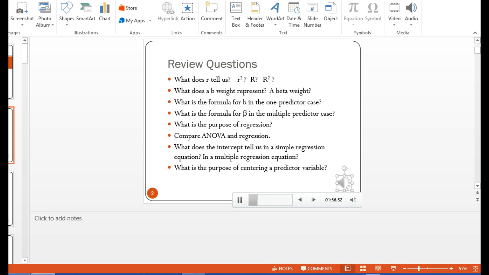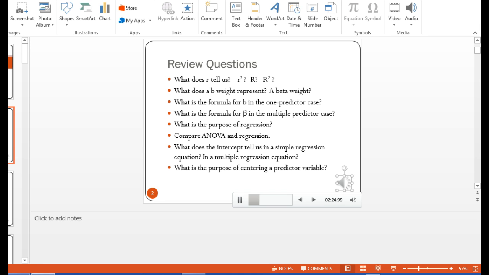If the B weight or the beta weight is negative, that means we have a negative association, a negative slope. If it's positive, then we have a positive one. The beta weight is very similar, except that it's in the standardized unit. As we increase the predictor by 1 standard deviation, what change do we expect in the DV? So that's what those two things represent.